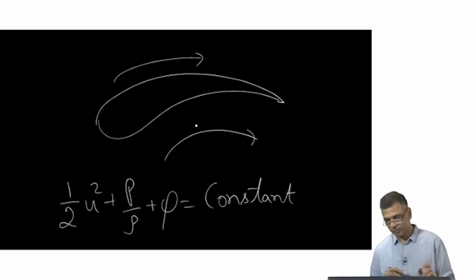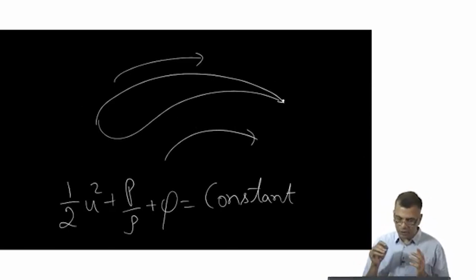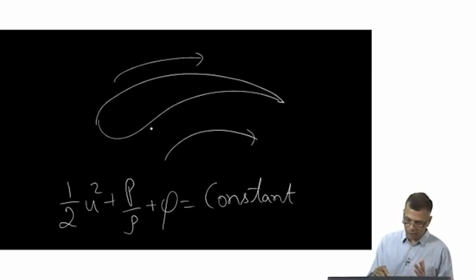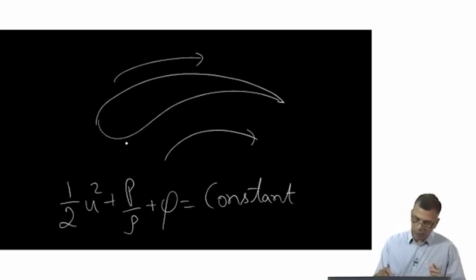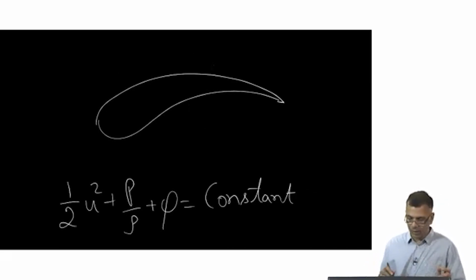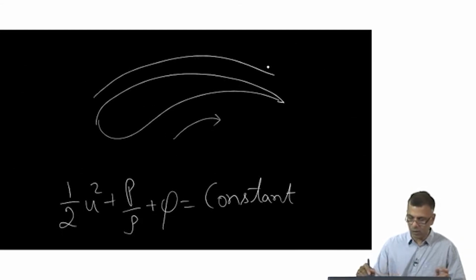Okay, now what happens is, because the airfoil is designed this way, it turns out that the flow flows faster over. It's designed in a way. The velocity here is slower than the velocity out there. Okay, so the u here, I will draw this with a smaller arrow, and the u here, I will draw this with a larger arrow.